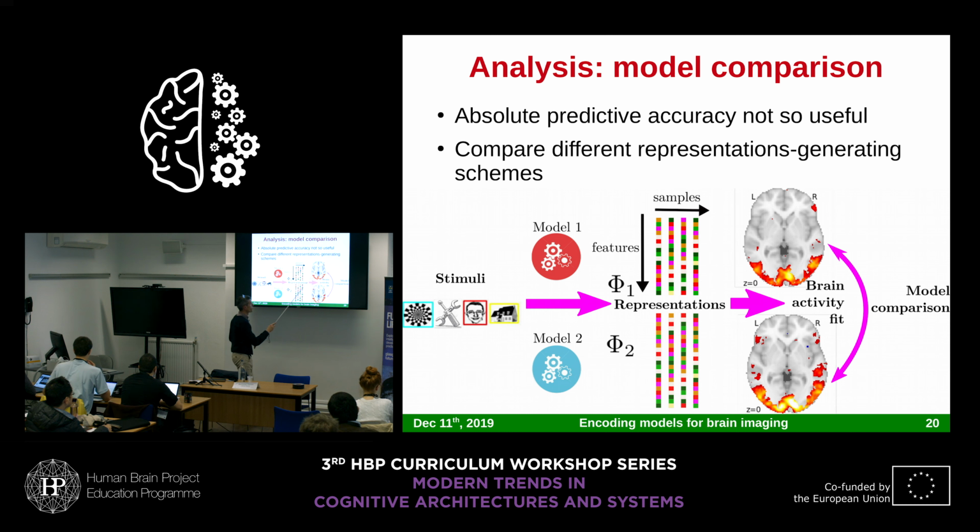You can do that for phi1, and then you can do that for phi2, and then compare in which brain region phi1 outperforms phi2. So this is model comparison. Model comparison means in a given brain location, you see which model among phi1 and phi2 gets the best fit of the data. Okay?